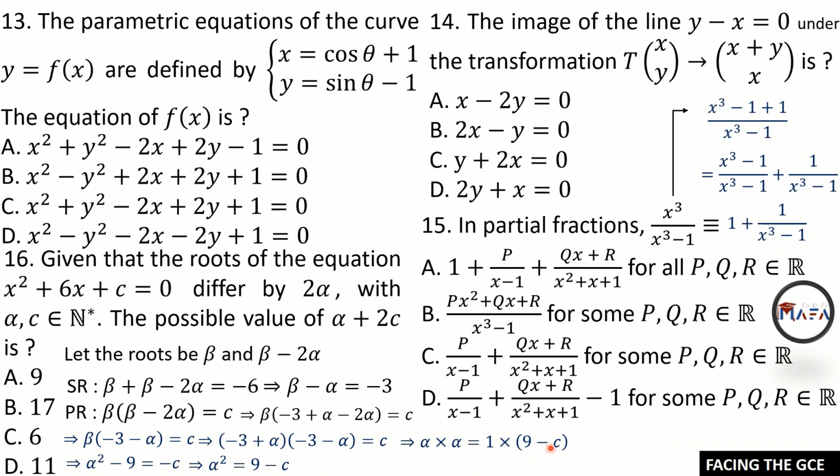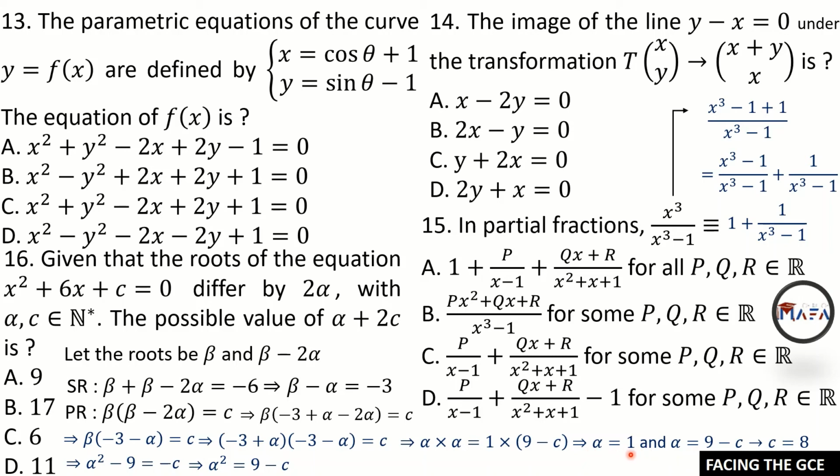That's just a possibility. So equating like entries, we take alpha to be equal to 1, and then alpha as well to be equal to 9 minus c. If I multiply alpha and alpha, I'm going to get alpha squared. If I multiply 1 and 9 minus c, I'm going to get 9 minus c.